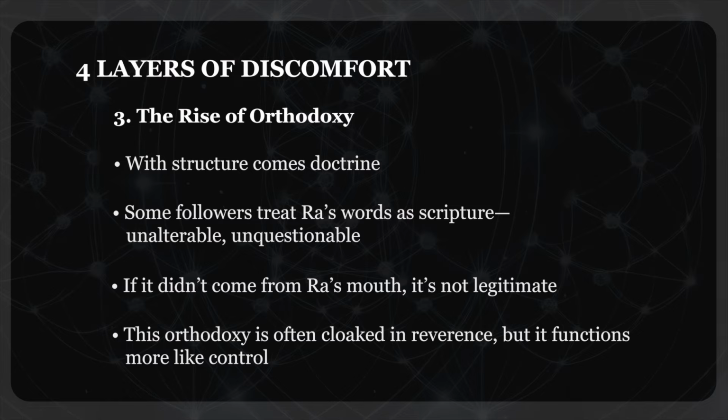So that leads to a 3rd layer. Now you've got an institution, now you've got a church, now you've got an orthodox religion, and we get doctrines. There are a lot of people in our community who are like, if it didn't come out of Ra's mouth, it ain't human design, I ain't having it. Forget Sharon Curry Parker, forget Richard Rudd, no evolution.